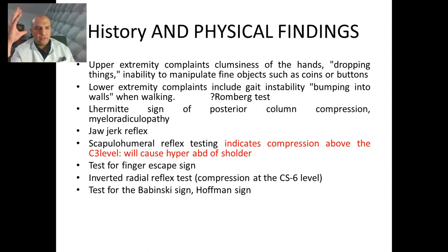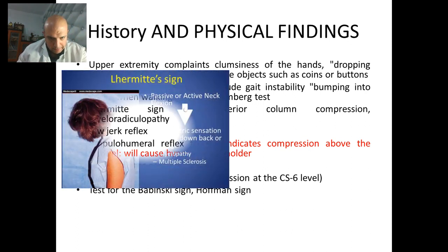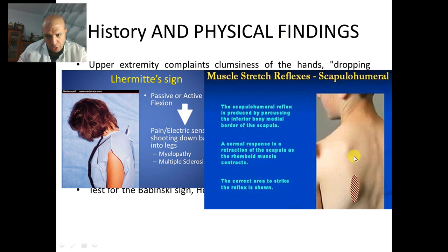There are a lot of causes that can cause unsteady gait and the manifestations of cervical myelopathy, but not in the cord itself, in the brain for example, such as stroke. To differentiate, you have the jaw reflex and the scapulohumeral reflex.